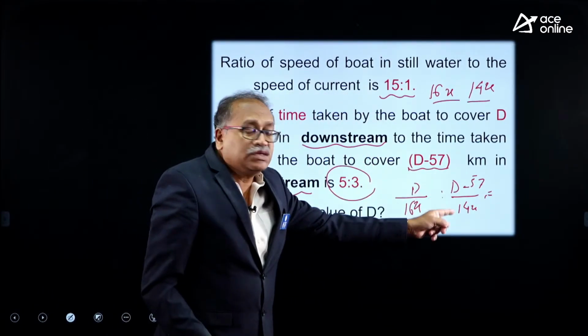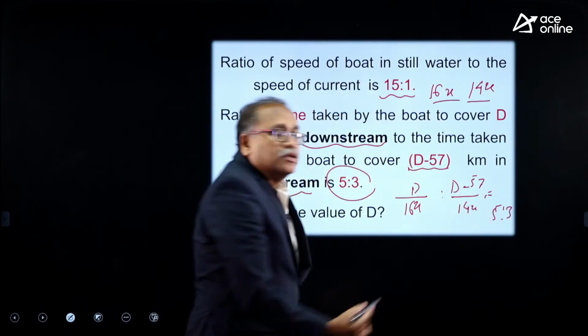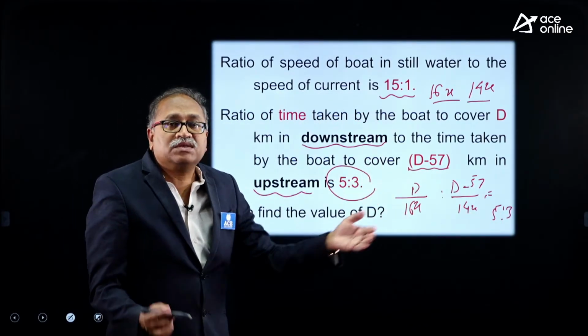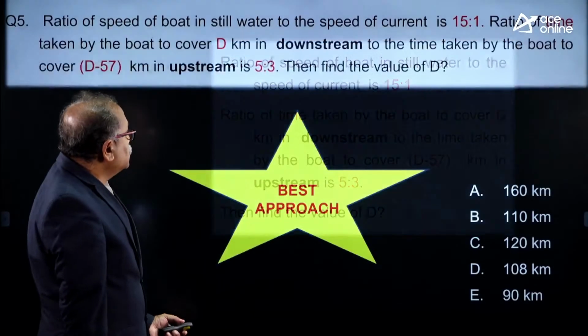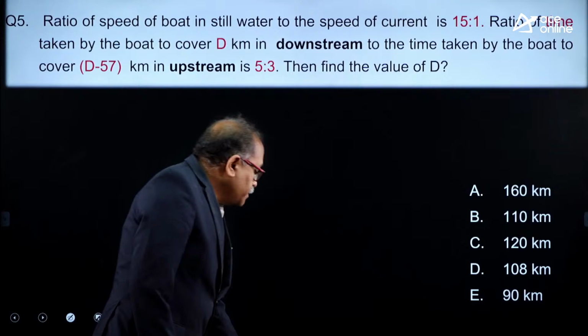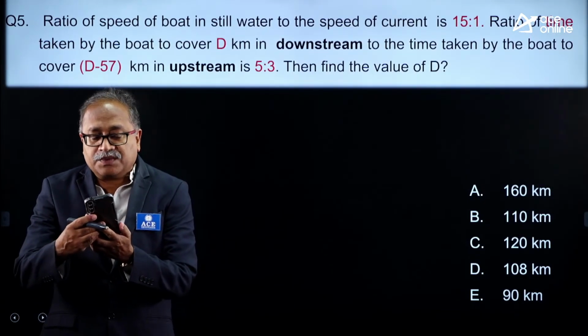This is time, this is time, and the time ratio is given to us as 5:3. By using this equation you can answer the question. Try to answer this question. I will see is it option A.